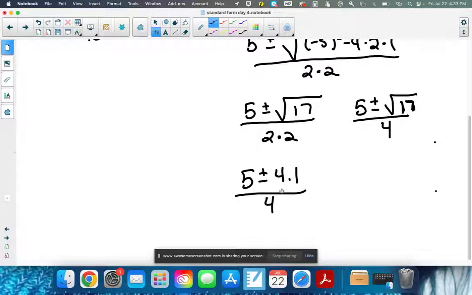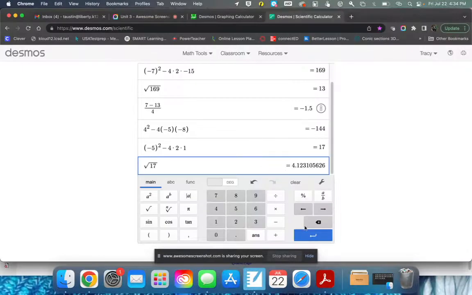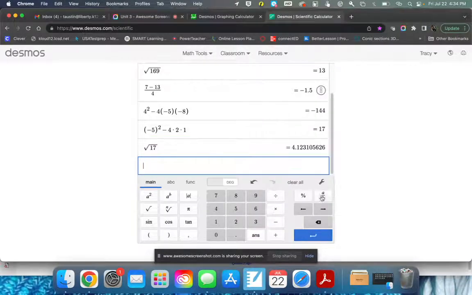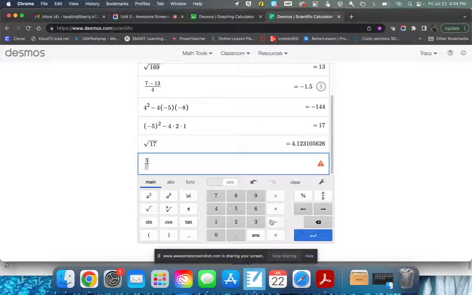And again, use the calculator. It's fine because you're going to have to do this twice. Plus 4.1 and minus 4.1, one for each. And go ahead and type it in and get your two decimal answers. All right, so hit the fraction button first. 5 plus 4.1 divided by 4. Okay, 2.275.